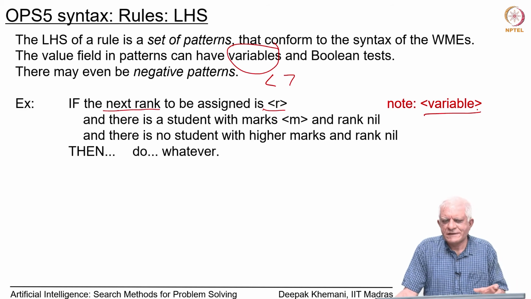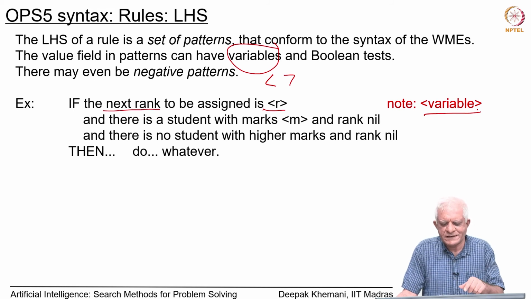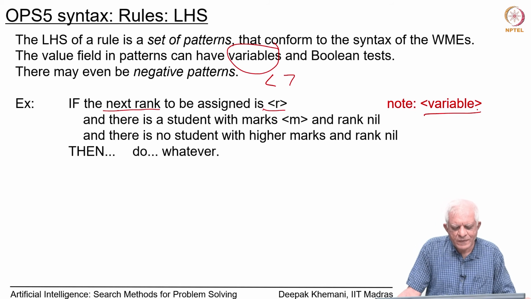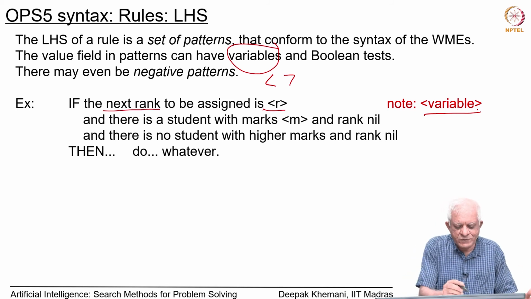So, you can imagine that in your working memory there would be one record which will tell you what is the next rank, and this is essentially saying that look at that record and let that rank be called R essentially. So, we are just calling it by a variable name. It is only one record in your working memory, and then you are saying there is a student, we do not care who the student is.